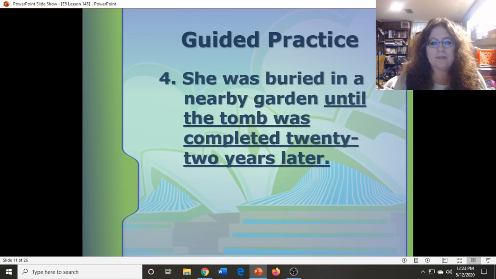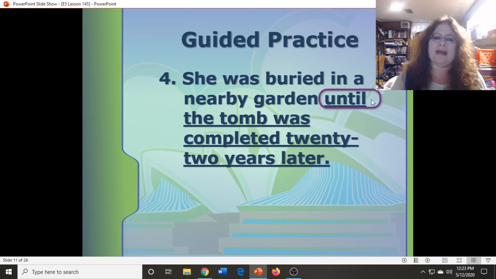Number 4, she was buried in a nearby garden until the tomb was completed 22 years later. All right, we first identify the subordinating conjunction. Use your list. Until. And then we look at the underlined words. Until the tomb was completed 22 years later.